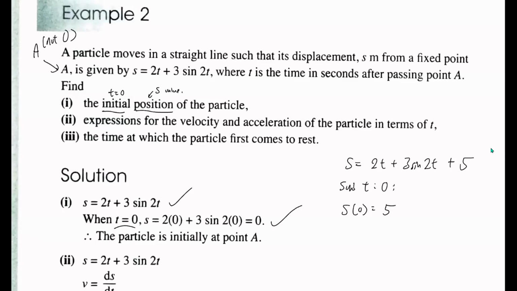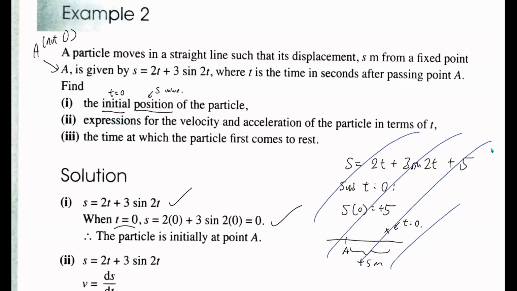Initially it is 5 meters away from the origin. Positive 5 meters away. So that means it will look something like, here's point A, then the particle starts here, positive 5 meters to the right. This is the t equals 0 position. But that's not the case, so let me just scratch it away. This is a scenario where the starting point is exactly the same as the reference point. This fixed point is the reference point.